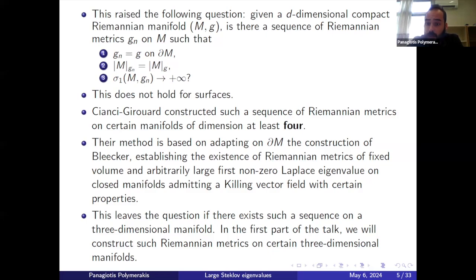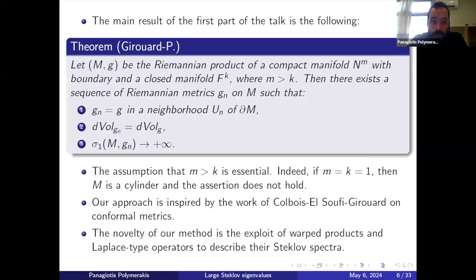In the first part of the talk, we'll give examples of such Riemannian metrics on certain types of 3-dimensional Riemannian manifolds, but also on manifolds of higher dimension, which are different from the ones arising from this construction. More precisely, the main result of the first part of the talk is the following.